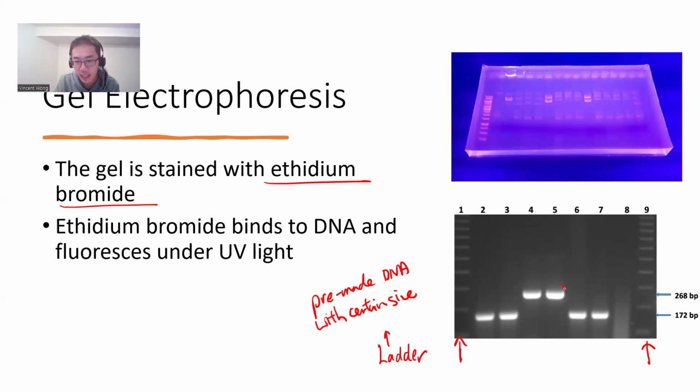Like if you see a band there, how do you know how long it is? Well, you can compare to the ladder. The ladder says this position is about 268. So you can say this band is also 268. And so the ladder gives you a measuring tool, essentially.